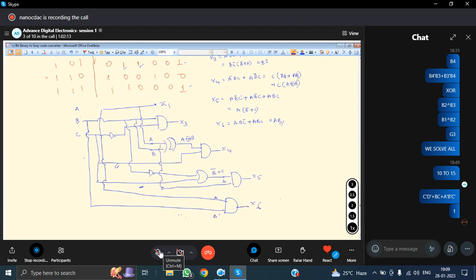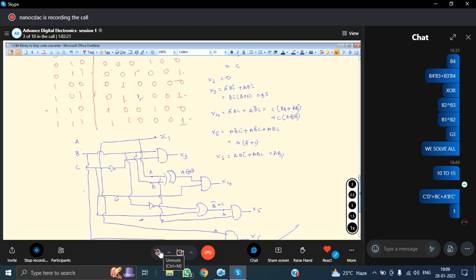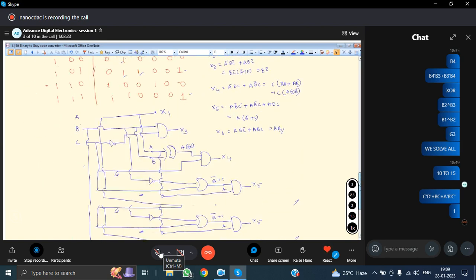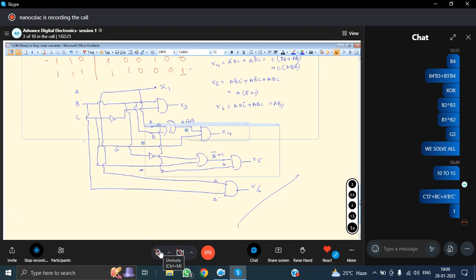So this is the combinational circuit which is generating the squares of the given numbers. Okay, got it. This way you have to design the combinational circuit. అర్థమైందా. క్లియర్.